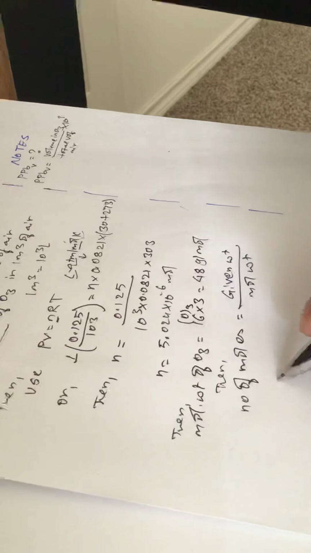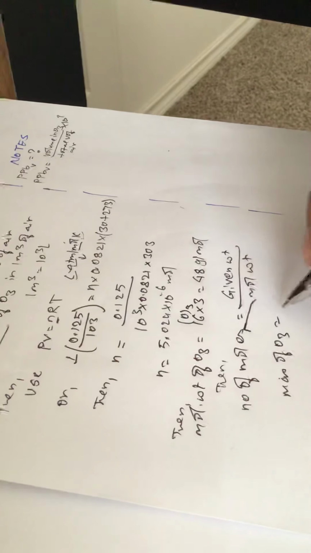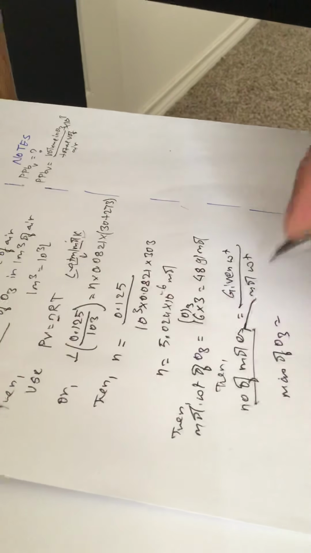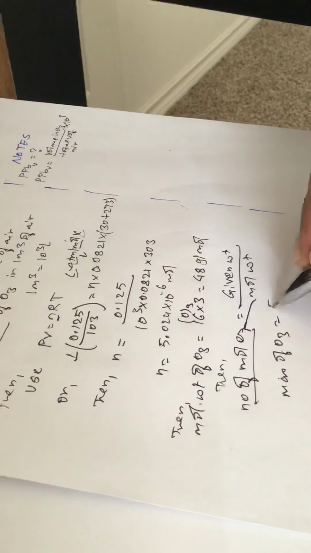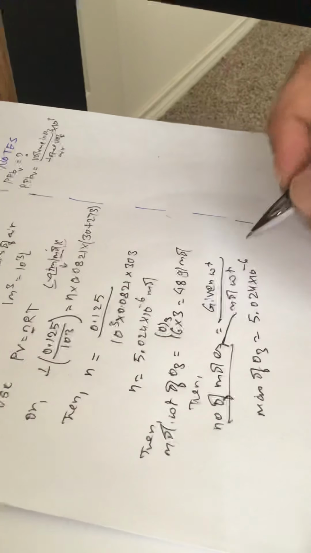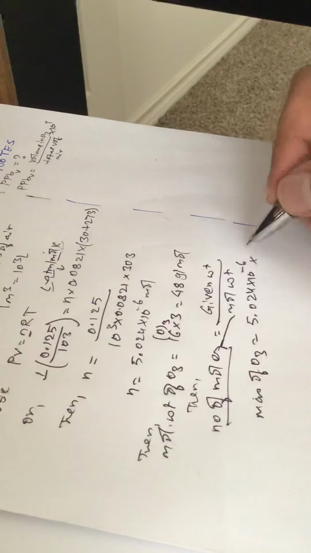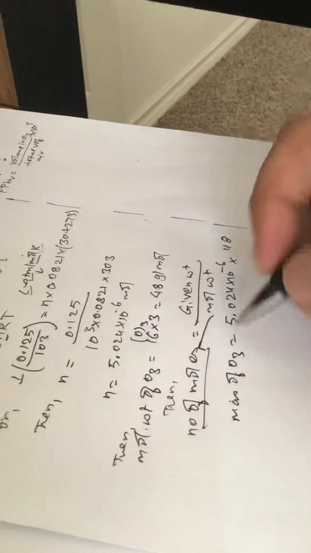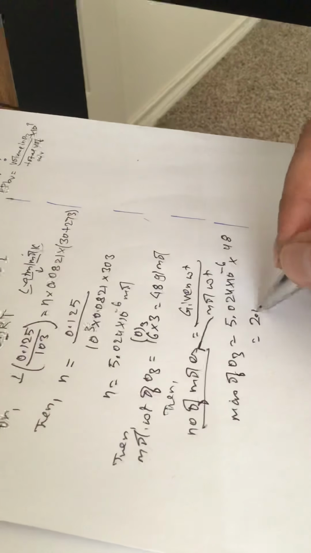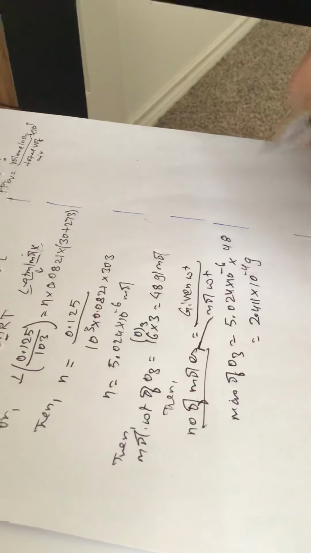So mass of O3 equals moles times molecular weight. How many moles did we get? 5.024 times 10 to the power negative 6, times the molecular weight, 48. That gives us 2.411 times 10 to the power negative 4 gram.